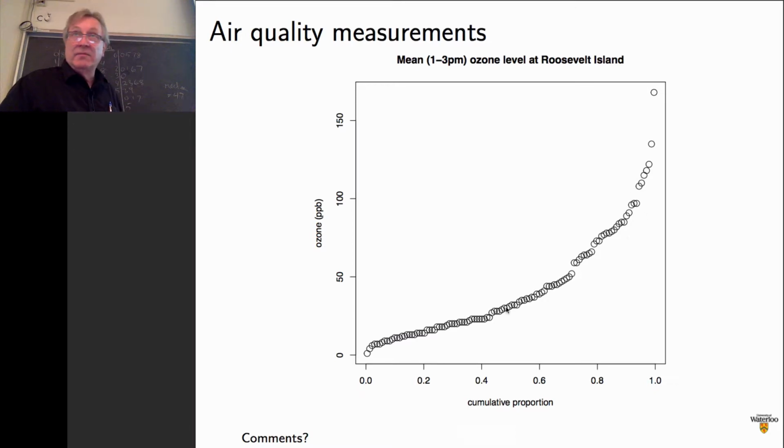Where is it piling up? It's more down on this end, isn't it? There seem to be a lot of values that are near 10. So the piling up is in this direction. Okay, got it? There's a lot of them on the low end, and then it spreads out on the high end. Essentially you should be able to interpret these plots.